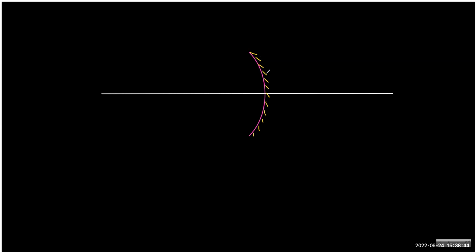So now let's say we have a concave mirror of focal length 10 centimeter. And we have a plane mirror which is kept somewhere here, only half of it. The distance between them, because there's nothing mentioned, you can say is 50 centimeter.